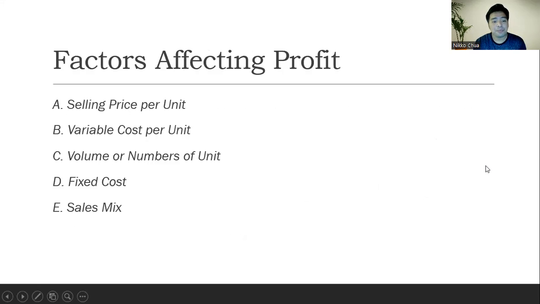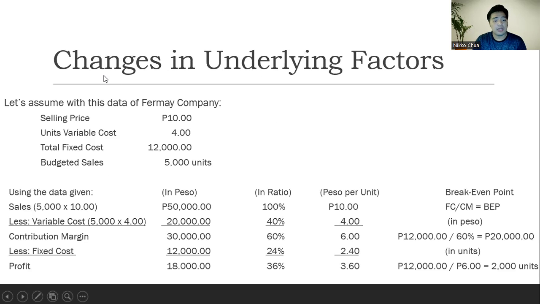So the factors affecting profit are the selling price, variable costs per unit, volume or number of units, fixed cost, and the sales mix. So here is the change in underlying factors. Let's assume this data of Per May company.